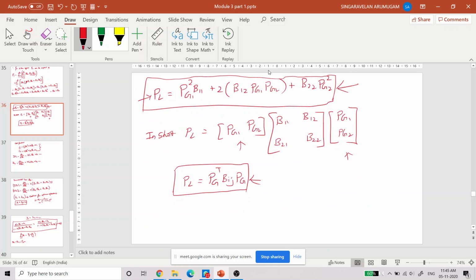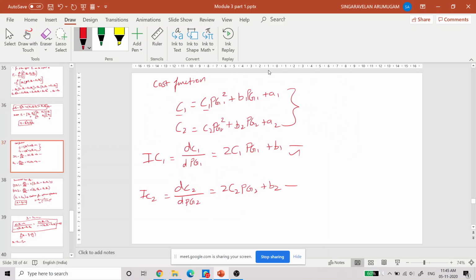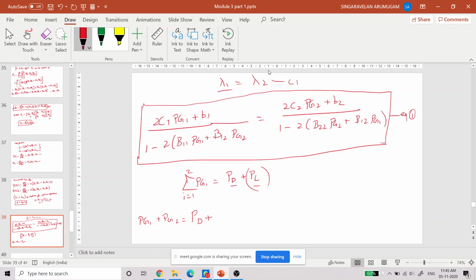If I write this PL equation here, then I will get B11 PG1 square plus 2 PG1 B12 PG2 plus B22 PG2 square. I will call this equation 2.